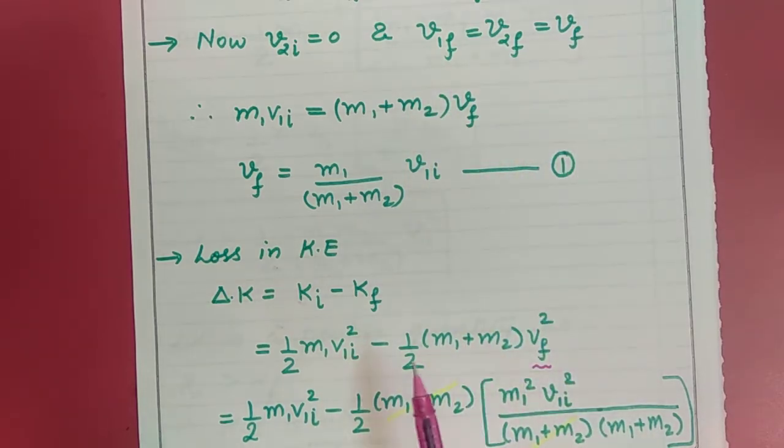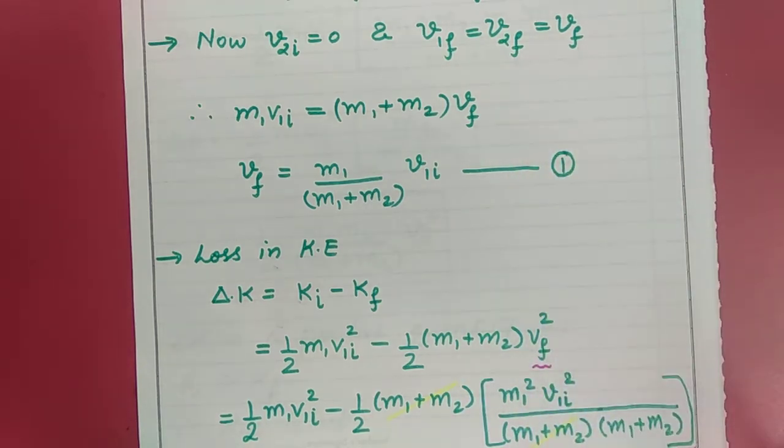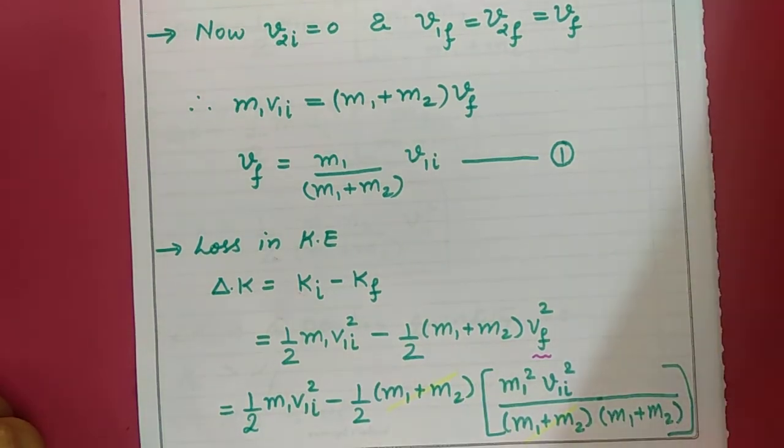Plus final kinetic energy of ball 2. तो final kinetic energy of ball 2 कैसे लिख सकते हैं? Half m2 into v2F². But v2F को तो हमने VF बोला था. ठीक है. So final kinetic energy of ball 1 plus ball 2, उसमें से ये half और VF² common निकल जाएगा, तो अंदर क्या बचेगा? m1 plus m2. अब इसको solve करते हैं आगे.